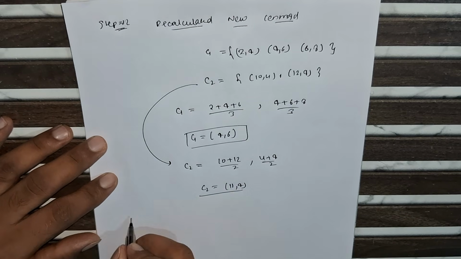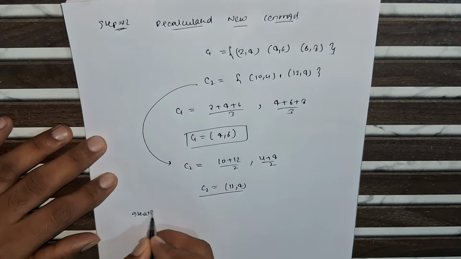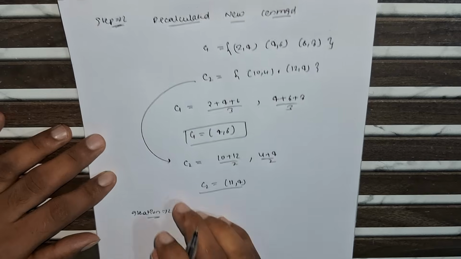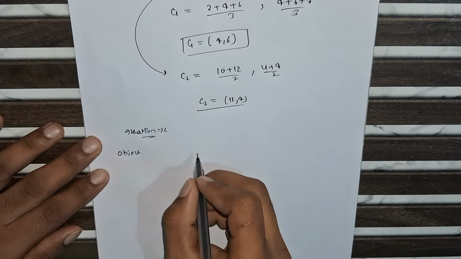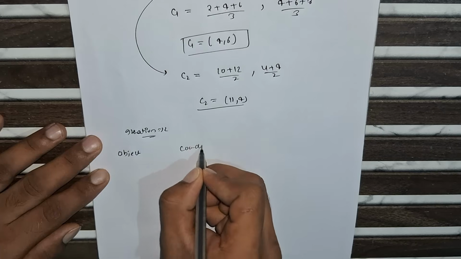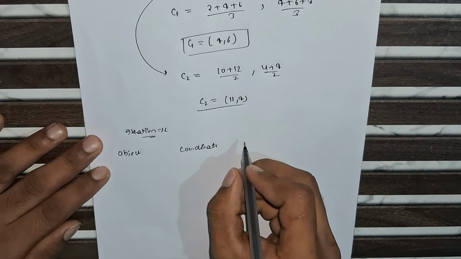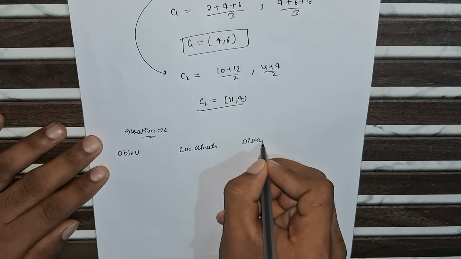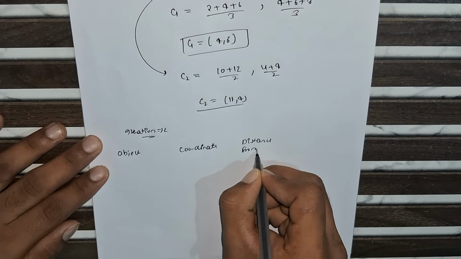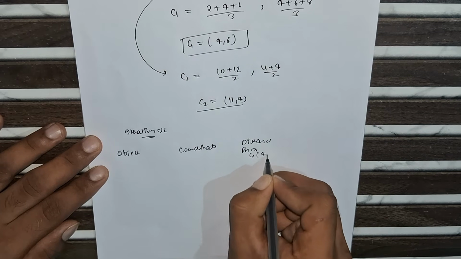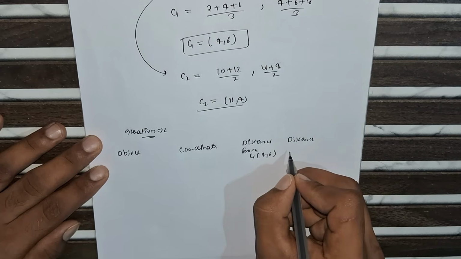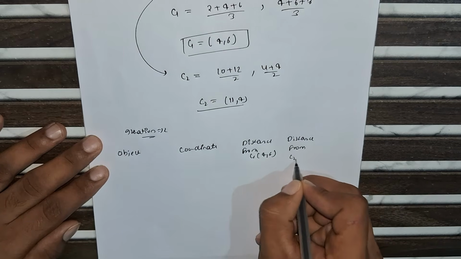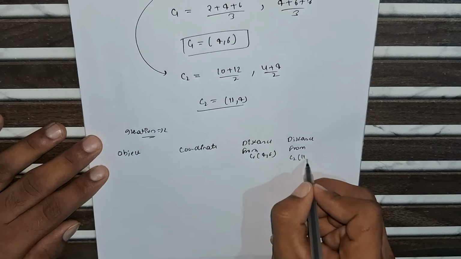Now again we are moving to the next iteration, forming the clusters. So these are our objects, this is our coordinate, and this is our distance from the new centroid, which is C1 4 comma 6, and distance from C2, which is 11 comma 4.